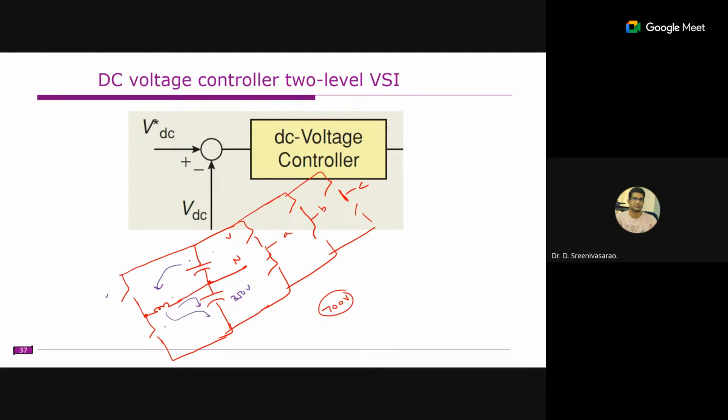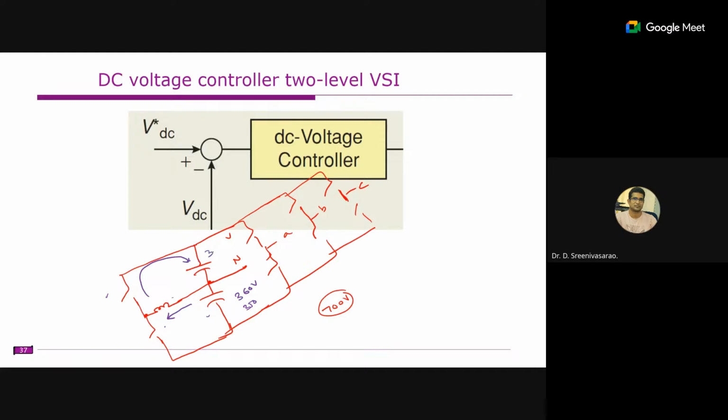Similarly for the upper capacitor, same thing. For example, if this upper capacitor is charged to 360 volts, and we turn on the switch, right? Now this capacitor will charge the inductor in this direction. Once it reaches 350 volts, this is the point where we turn off this switch, and turn on this switch again, and again the inductor current will flow like this and charge the upper capacitor.